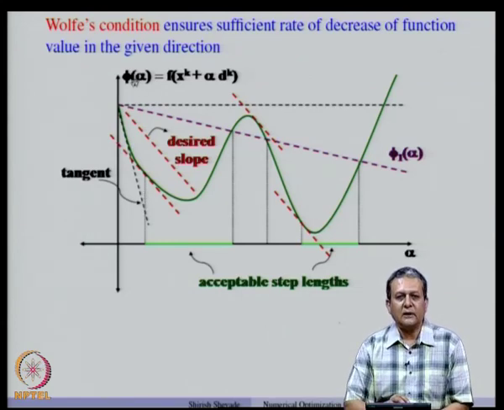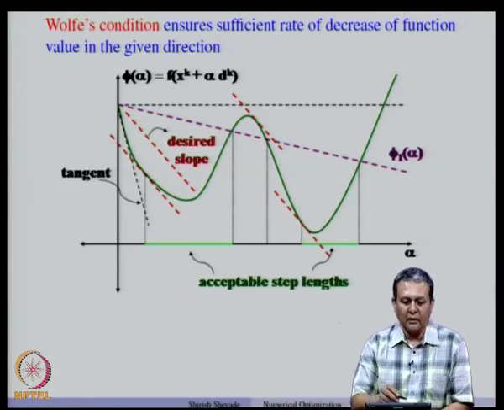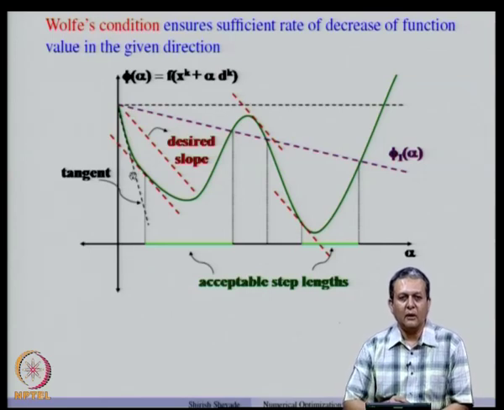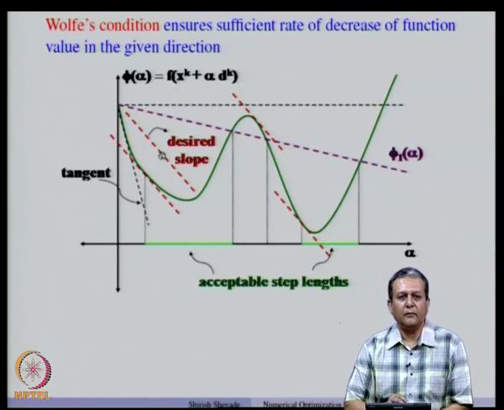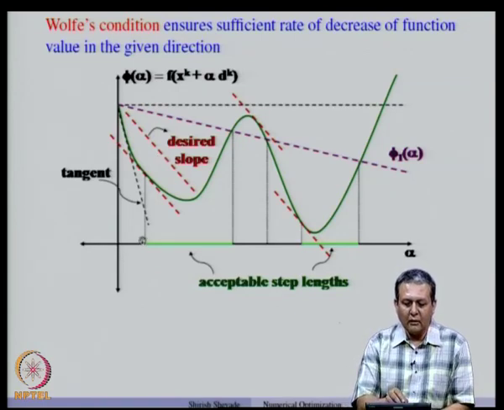Now, what Wolfe suggested is that the desired slope of the function should be at some prescribed times the slope at the initial point. So, this could be the desired slope, which is some multiple of the initial slope, and we are interested in those intervals where the function phi alpha has a slope in this desired range.